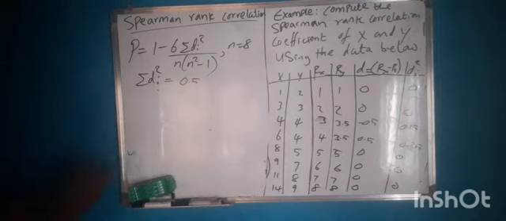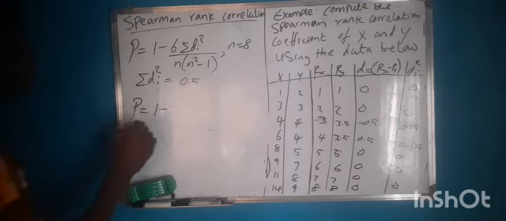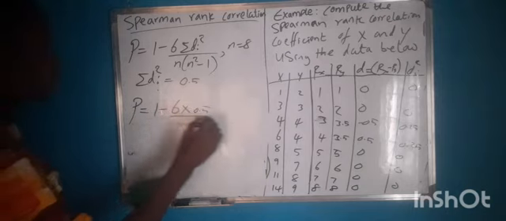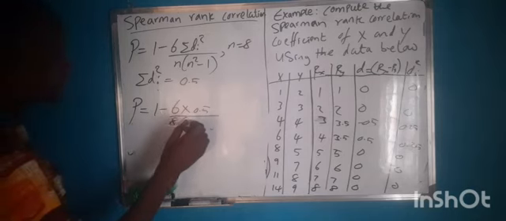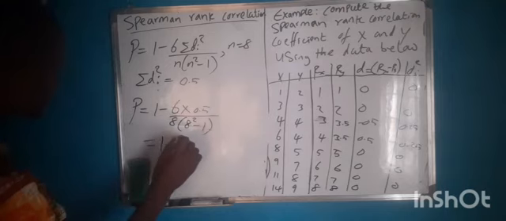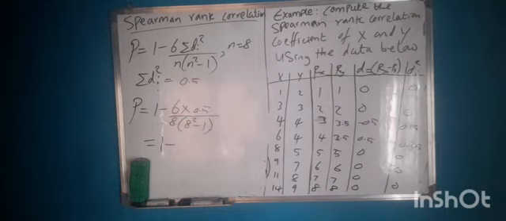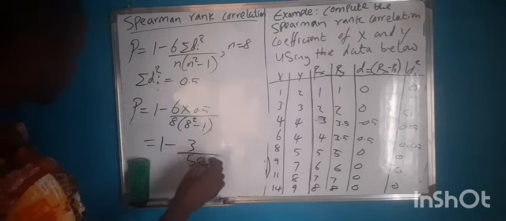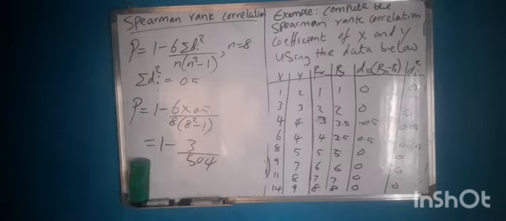We have rho equal to 1 minus 6 multiplied by 0.5 all over 8 multiplied by 8 squared minus 1. 6 times 0.5 will give us 3, all over 8 squared is 64 minus 1 is 63. 63 times 8 will give us 504.